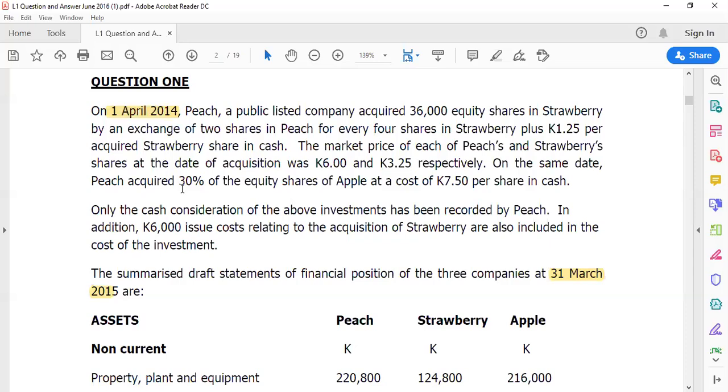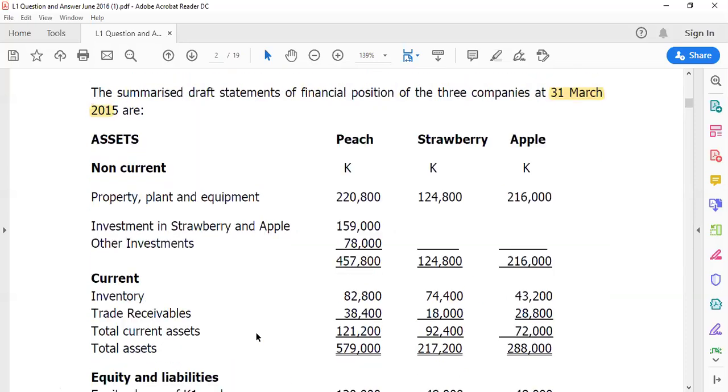They are acquiring the whole full year. It is not a part-year acquisition. It is a full year acquisition. Okay, so first things first, I always prefer to get the free marks before you go anywhere.